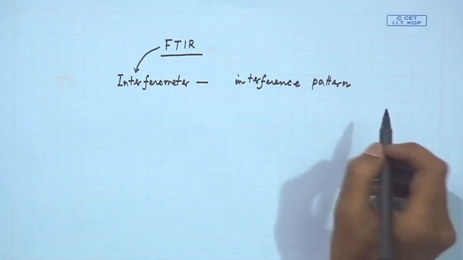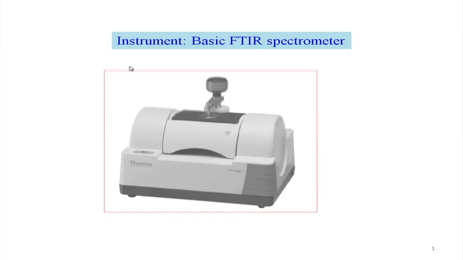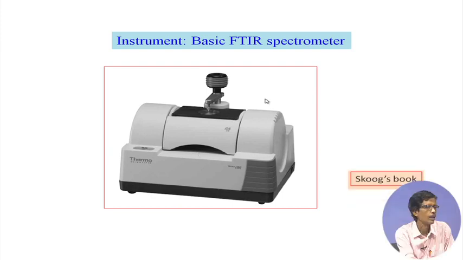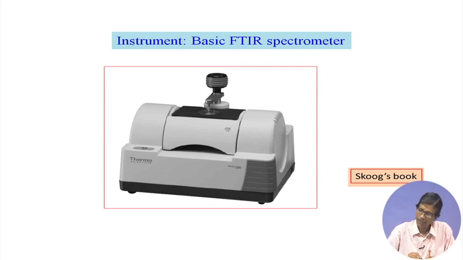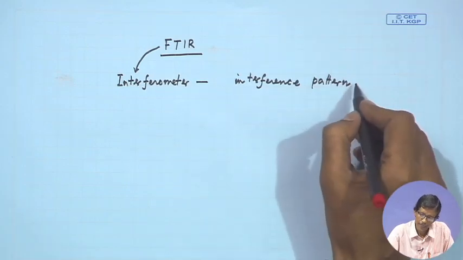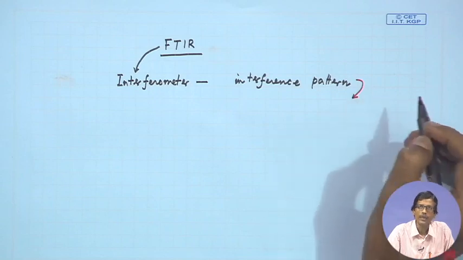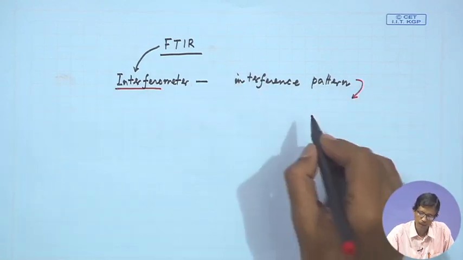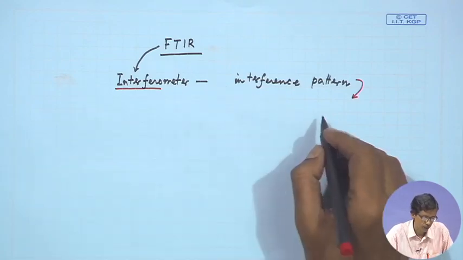All these things are within the very basic components of an FTIR spectrometer. It is a very compact one, where all the individual parts are present, and one such part is your interferometer. The interferometer is used for getting the interference pattern, known as the interferogram.